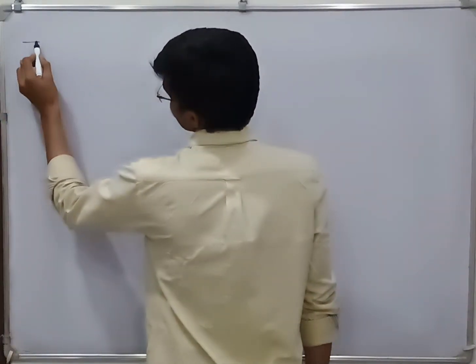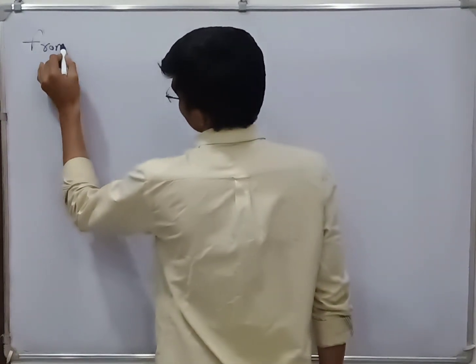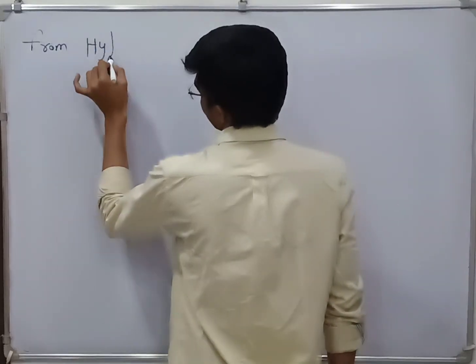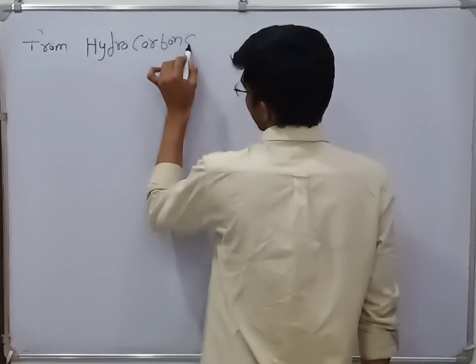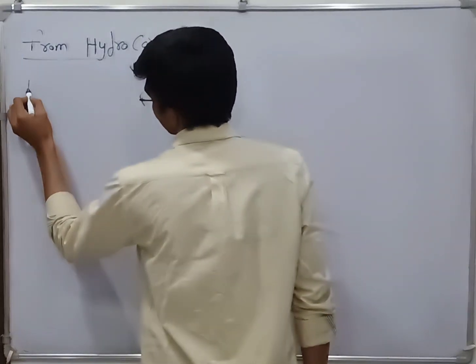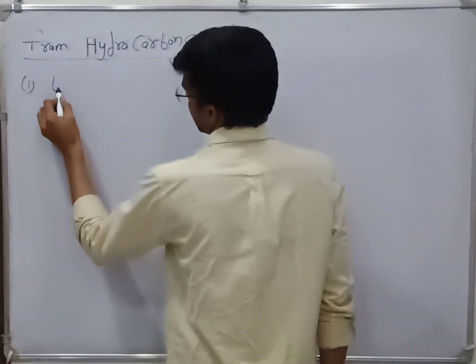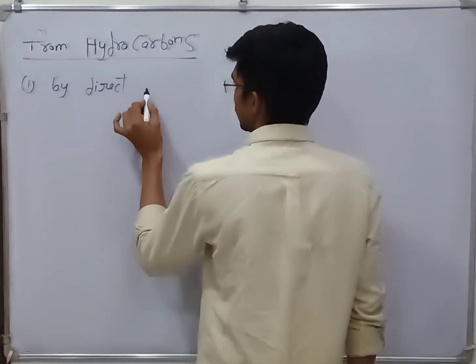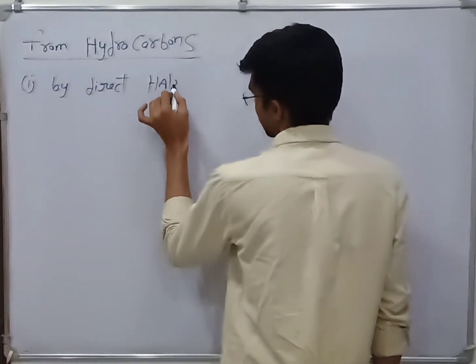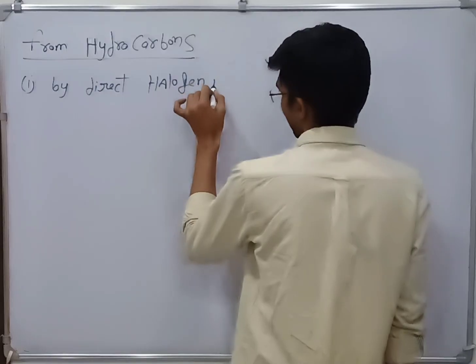Okay. So the next preparation method is from hydrocarbon. First is by direct halogenation.